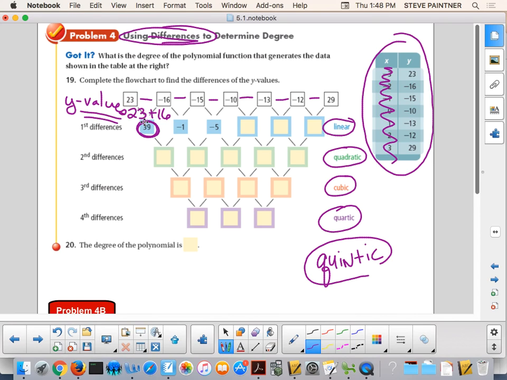Next up, negative 16 minus negative 15 would be negative 16 plus 15, which is negative 1. You see where they're getting these answers? Now it's negative 15 minus 10, which is really negative 15 plus 10, which is negative 5.